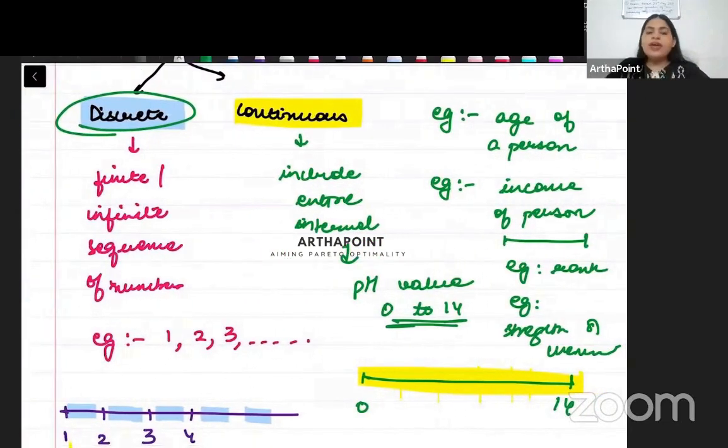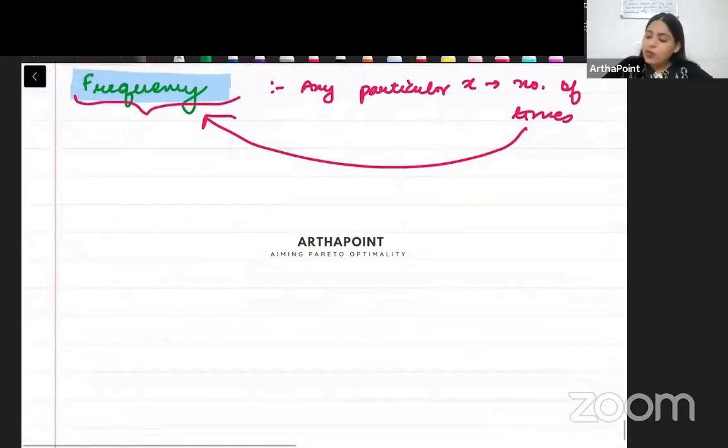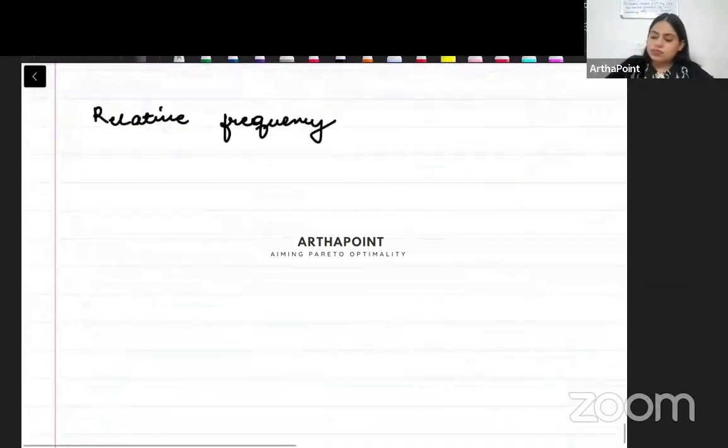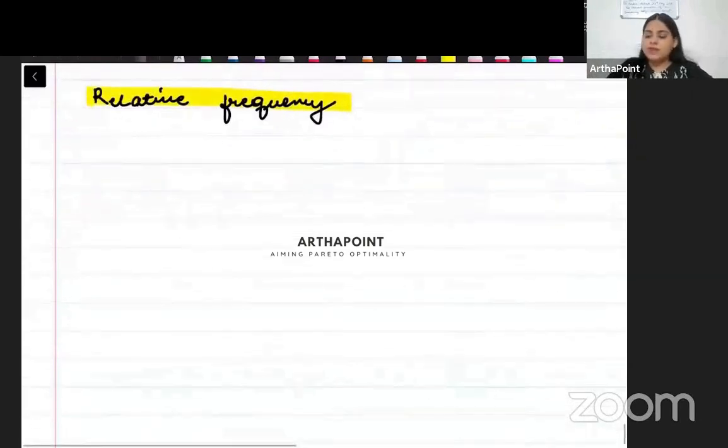Now, when I talk about frequency, we are pretty clear with what frequency is. But today I want to talk about something known as relative frequency. What is a relative frequency? A relative frequency is very important to make a histogram.